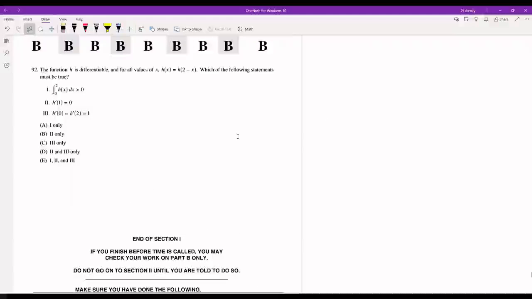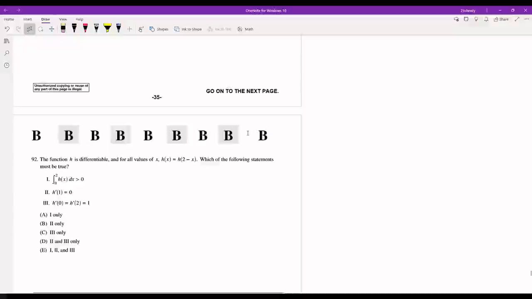All right, and now 92, this is the last problem. The function h is differentiable, and for all values of x, h of x equals h of 2 minus x. Which of the following statements must be true? This is also kind of a weird one. Let's see. So 1: the integral from 0 to 2 of h of x dx is greater than 0.